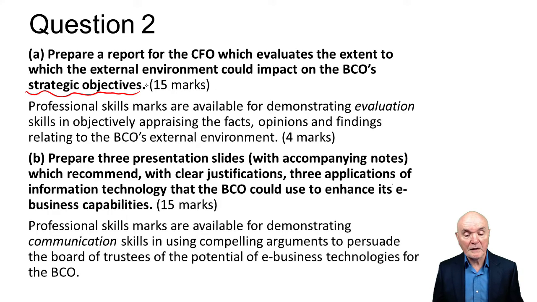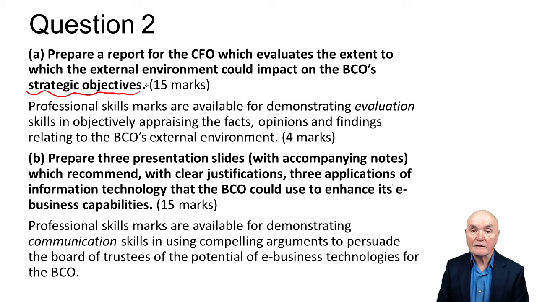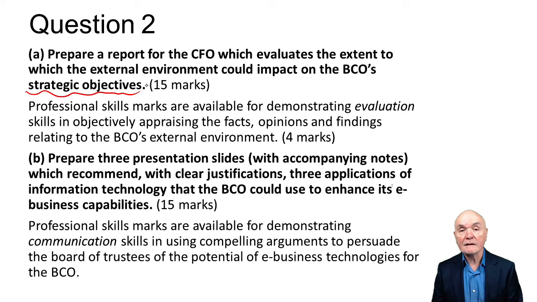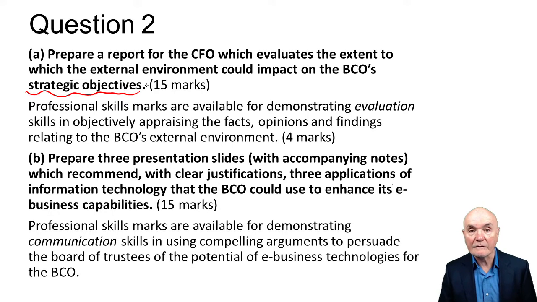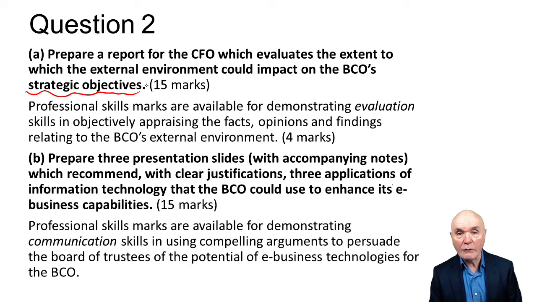So if we think of, first of all, political, how could we tie political back to some of these objectives? One way is perhaps to do with money, although that could come into economic, but it does tell us, buried in the scenario, that out of the income they get from donations, grants and legacies, about 2 million comes from grants, which is presumably government grants.